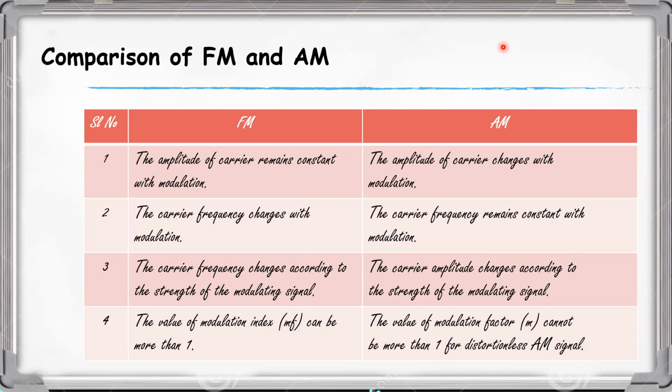And in FM, the value of modulation index mf can be more than 1, while in AM, the modulation factor small m cannot be more than 1 for a distortionless AM signal.